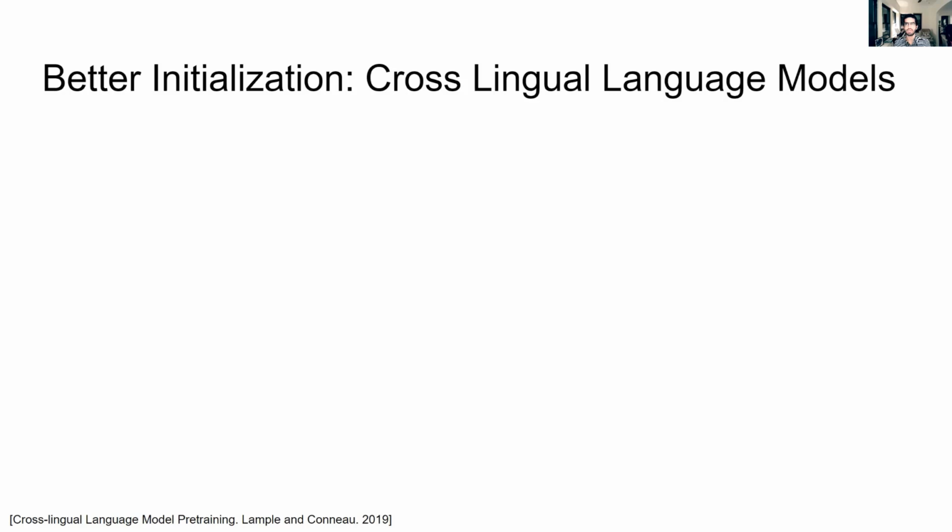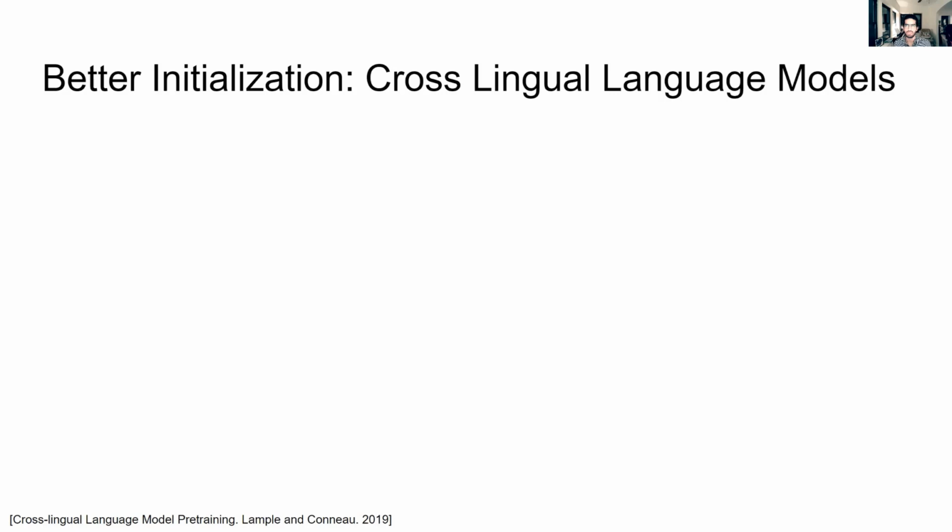As I said, initialization is the most important part of unsupervised MT. So how can we do better there? An area where this has been the most explored is using language models.